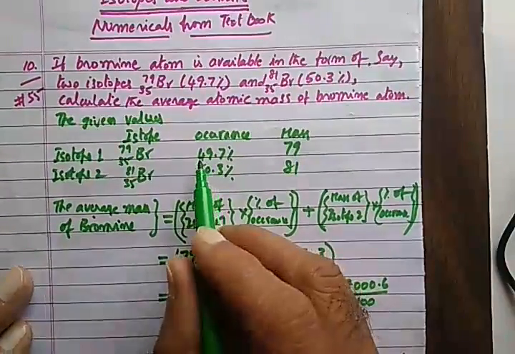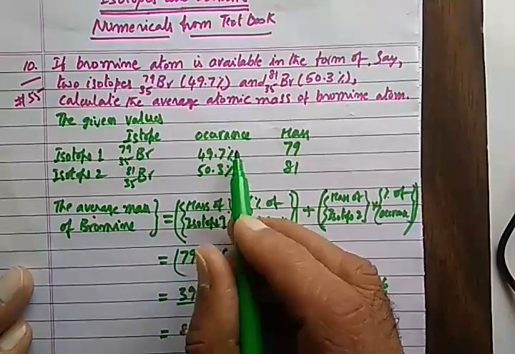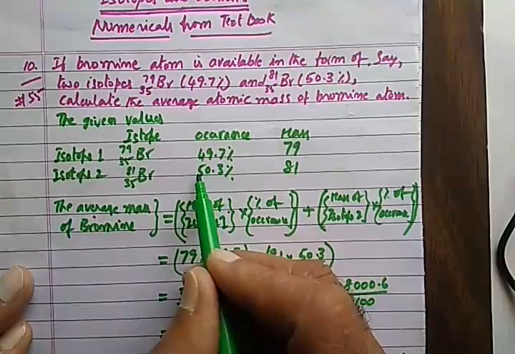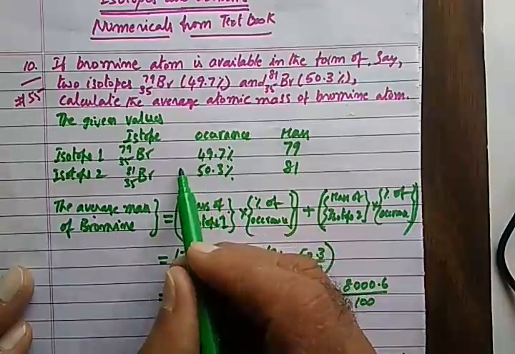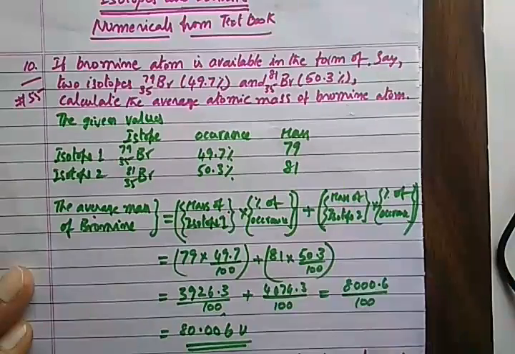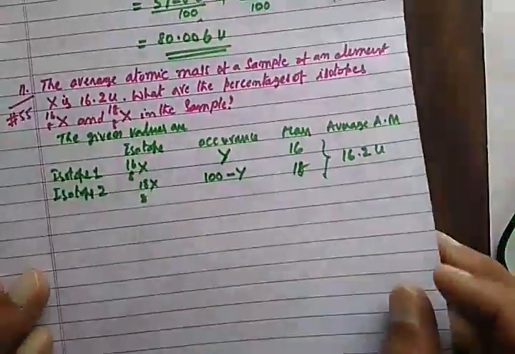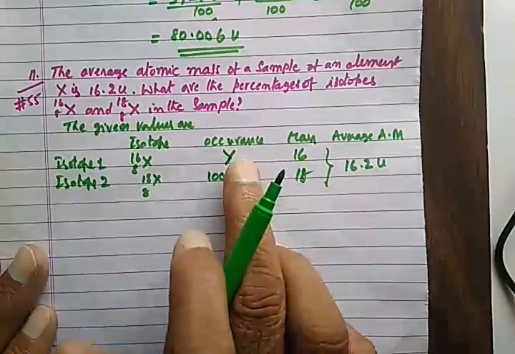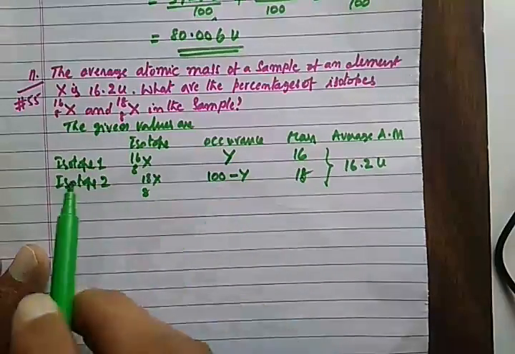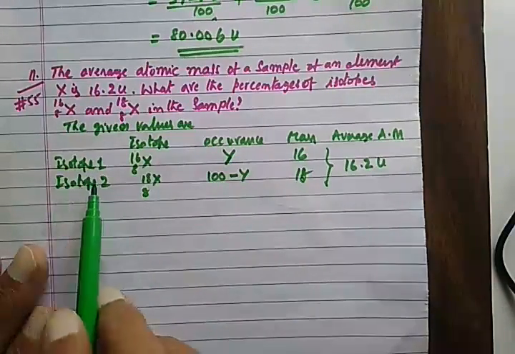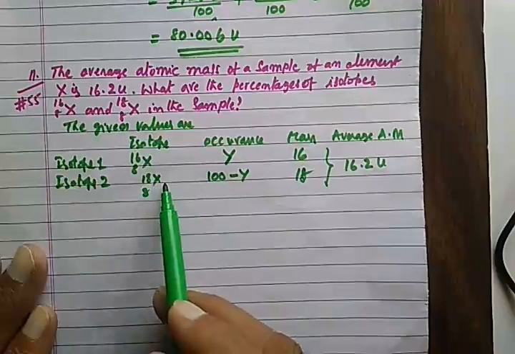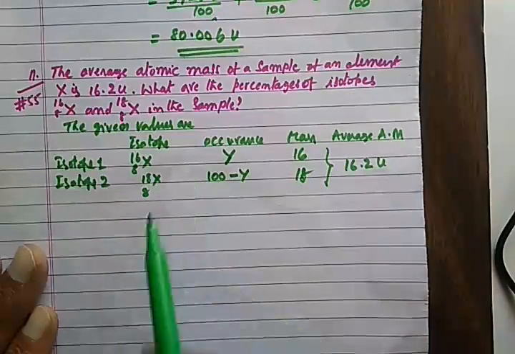See, if this is 49.7, because both are for the 100%, if you subtract this from 100, you will get this value exactly. That is how you have to write these assumed values. The Y is the occurrence of isotope 1. The isotope 2 is 100 minus Y. Other way also you can write.